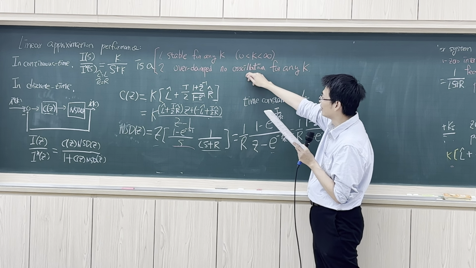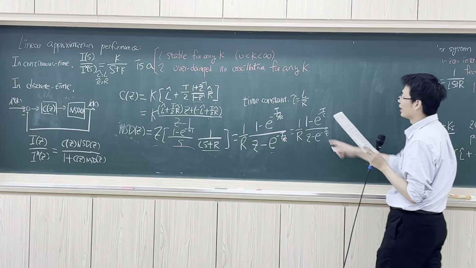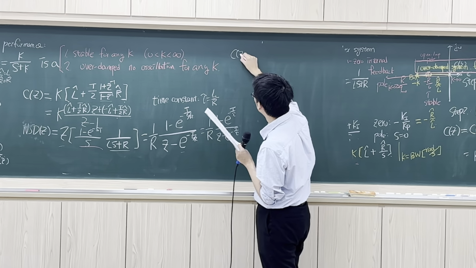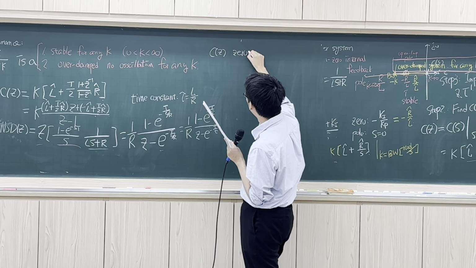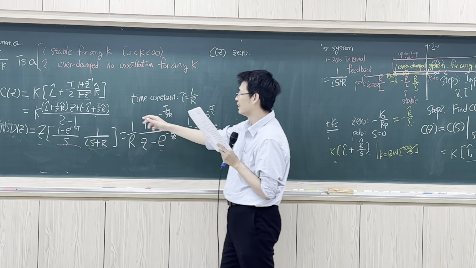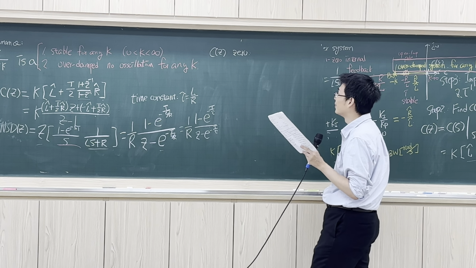In continuous time, it should always be over there. How about in discrete time? So let's check CZ. CZ0. The PI controller contains a zero and a pole. This zero is used for pole-zero cancellation.